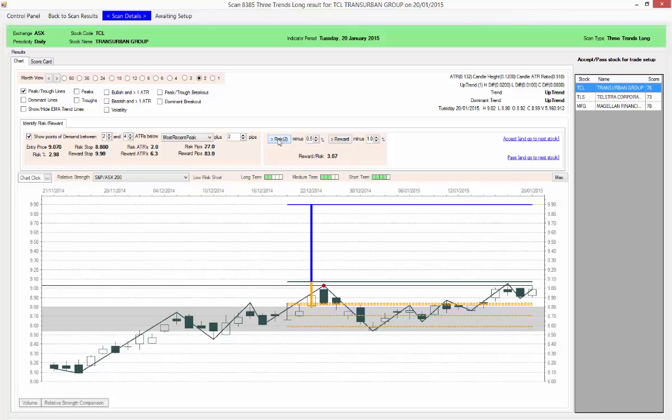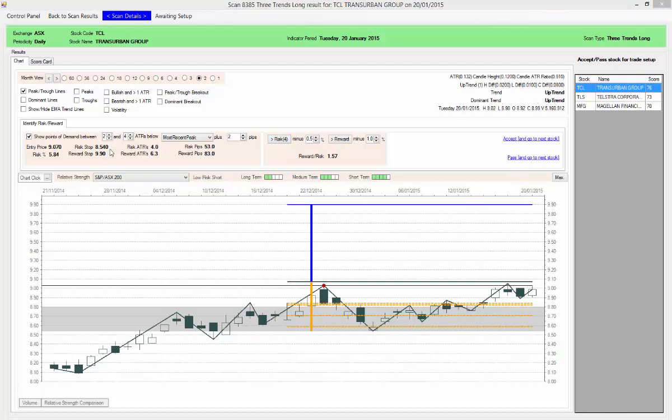So as I'm clicking the button, you can have a look and see that the orange bar is itself traversing between the 2 and 4 ATR range and showing the other points that I could use as potential risk stops. Now as I do that, you'll also notice that the reward to risk ratio is changing. The information over here is changing, which I'll go through shortly, so that you don't have to calculate anything yourself. It's automatically done for you by the system.